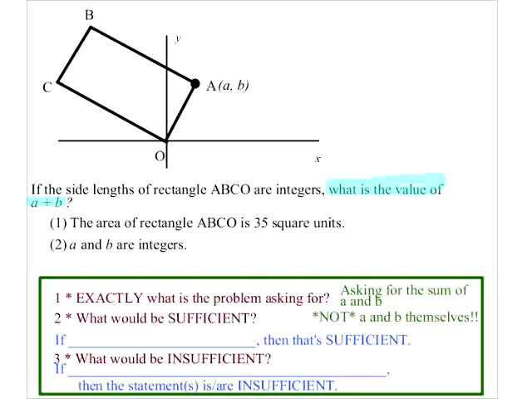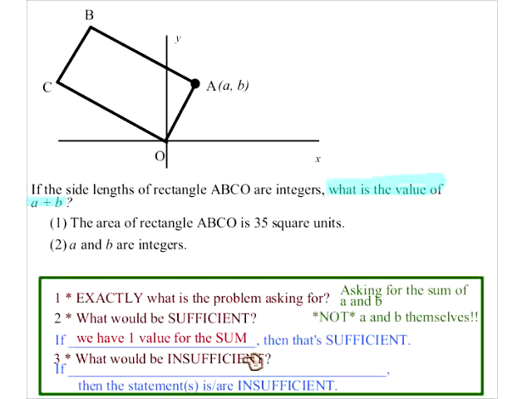What you need to be able to say right now before you move on is if we have one value for the sum, then that's sufficient. Like if A plus B has to be some number. Okay, smiley face if that makes sense. If there's one number for A plus B, then that's sufficient.